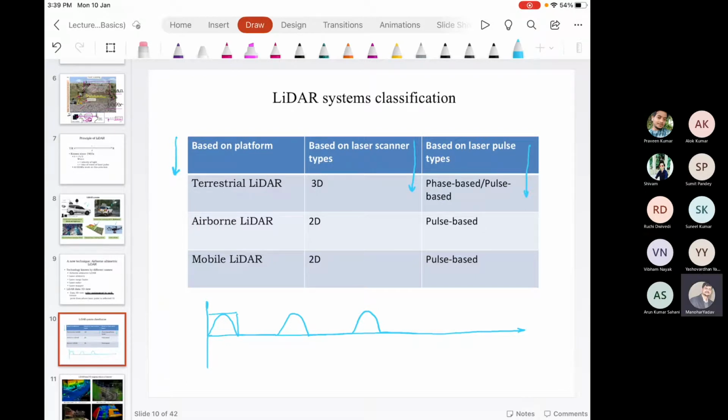Okay. If you remember, in the previous slide we discussed how to characterize a laser pulse. Let's say this is time, this is amplitude, and that is the peak amplitude. We call it, let's say, AP. That is 100%. At the 50% level, we draw a line.